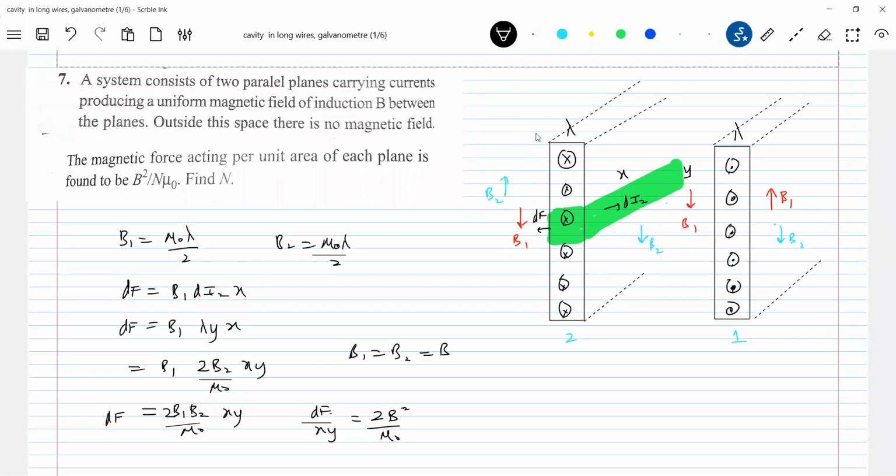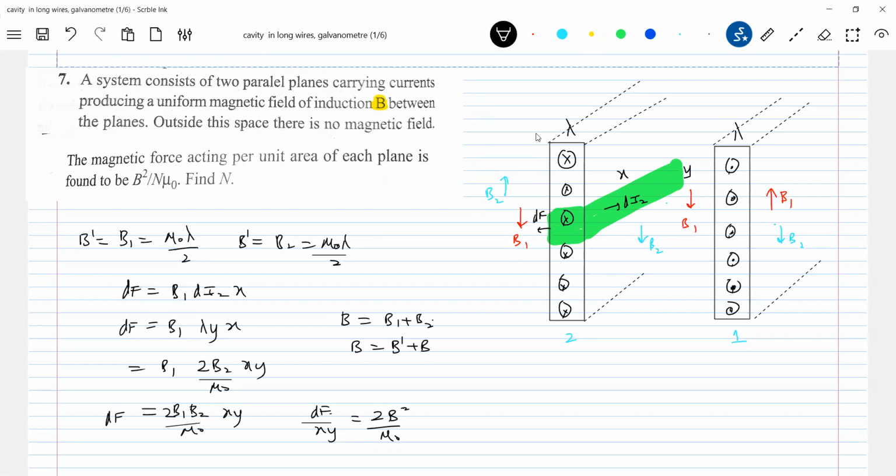One more thing. The total magnetic field is given as B. I think I'll change it. The total magnetic field is given as B1 plus B2. Let me call this B dash. So this will become B dash plus B dash. Try to read the question. The induction B between the plates is the total field. The net field is B. What is that B? B1 plus B2.